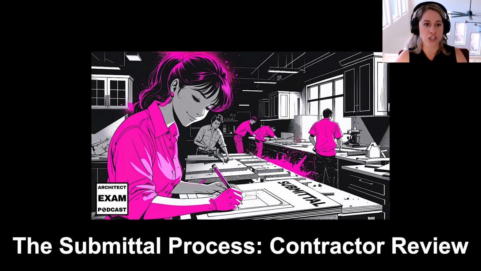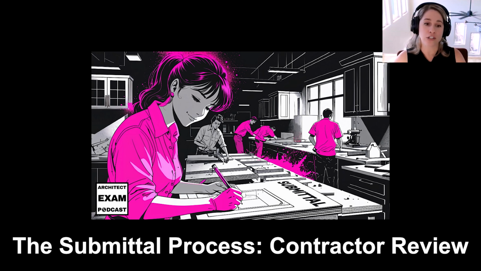So after preparation, we have the contractor's review. Before the general contractor sends these submittals and documents over to the design team, the general contractor needs to review what their subcontractors have shared with them. This step is crucial and it is often skipped, which can lead to some confusion once the design team does review those submittals.